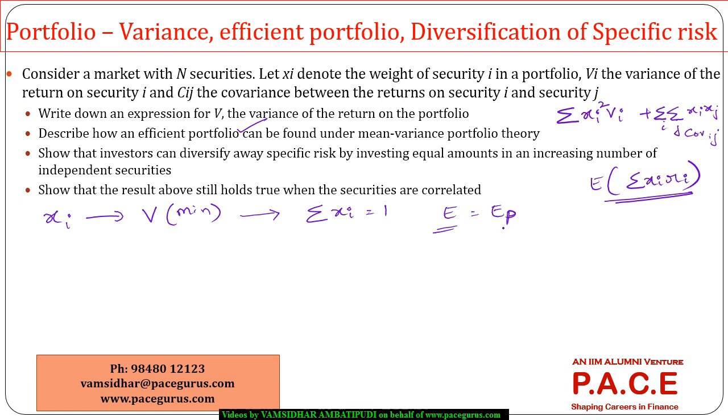So those are my constraints. I have to minimize the variance, subject to two constraints: one, the summation of all the weights should be equal to 1, and two, the return should be equivalent to whatever I am specifying as my portfolio return. To solve this expression, I need to use Lagrangian multipliers.